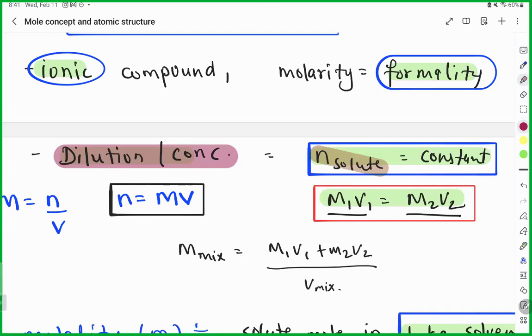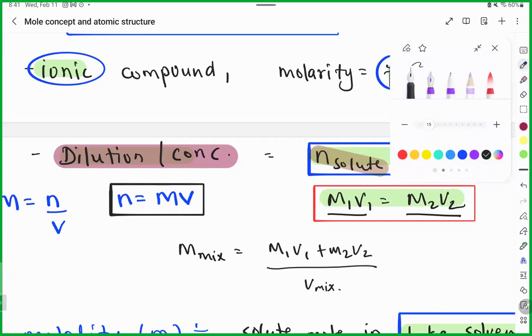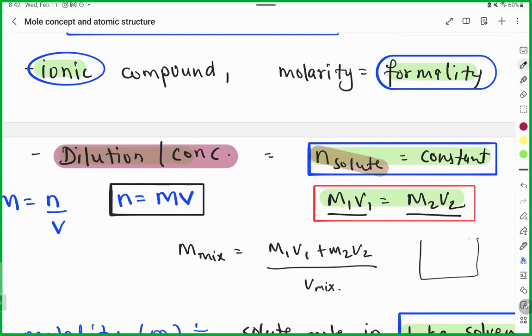Example, you take a container in which you have 100 gram of sugar. So there will be a fixed number of moles. Now, for dilution, you add 5 liter water in this container.